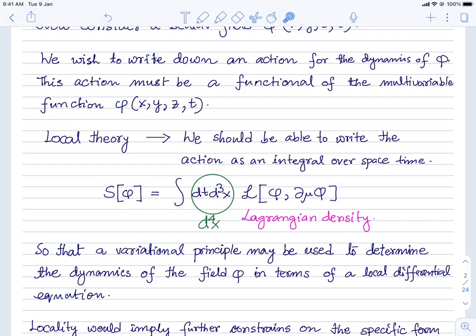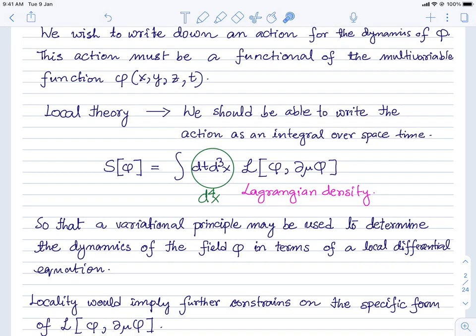Why do I take the action of this form and try to perform this variation principle? Basically, what we want is a local theory and local equations of motion for the scalar field phi. That would be possible if we have this procedure of extremizing the action, and we are able to write down a Lagrangian density instead of some integrated Lagrangian.